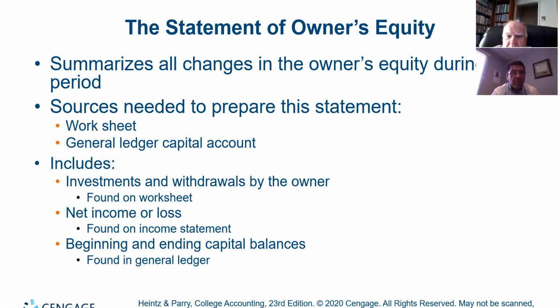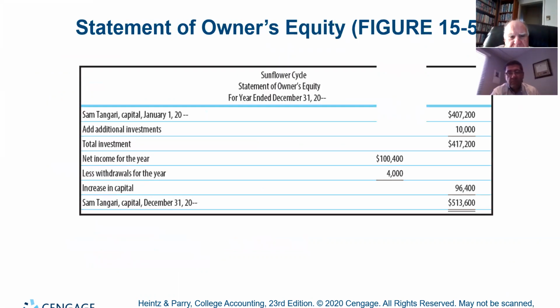Beginning balance plus income minus drawing equals ending. You've got to bide your time, BIDE, when you do this report, okay? Beginning, income, drawing, and ending. This is not a difficult report, but students get a little stunned by it for some reason.